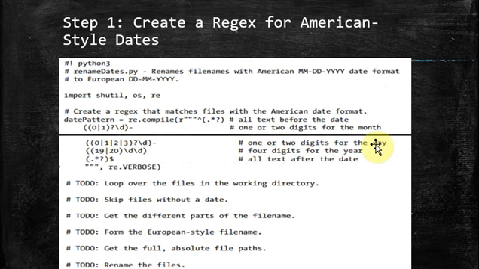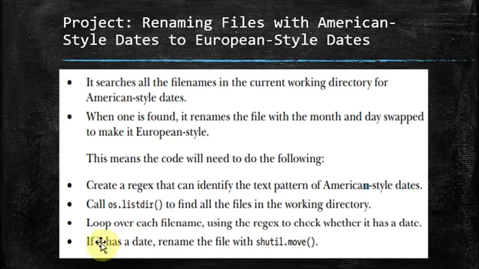So what is the first step saying? In the first part of the program, we need to import the necessary modules. You can see here the modules we have imported are shutil, os and re. In the previous slide we said that we are going to loop over each file name and try to match whether there is any date, and if there is a date, we rename that file with shutil.move.